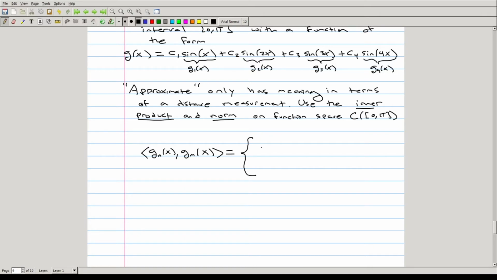If n is not equal to m, it'll be the integral from 0 to pi of sine of nx times sine of mx dx.